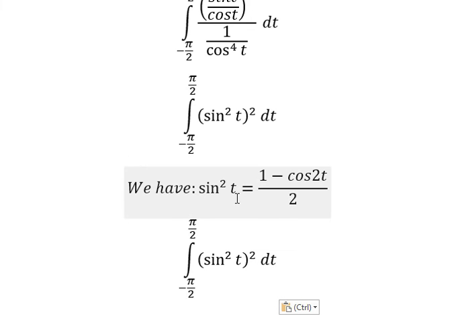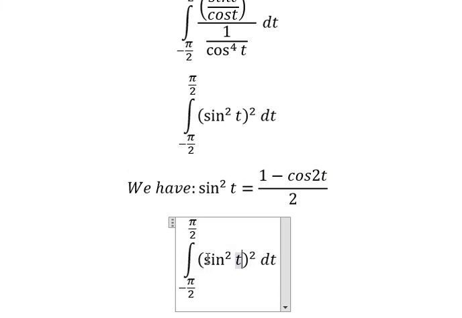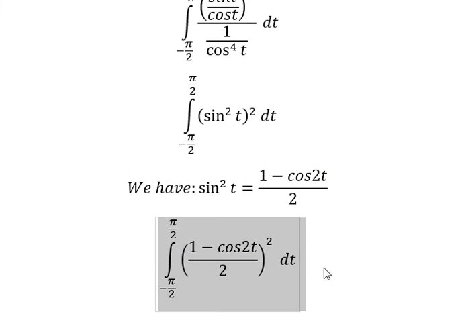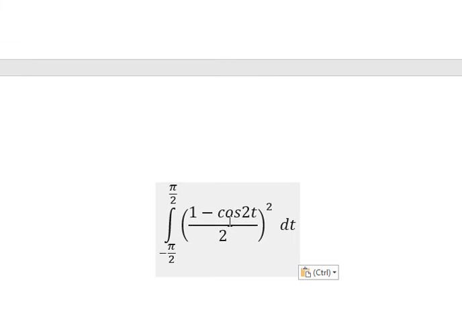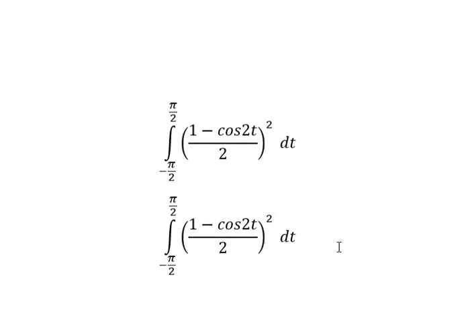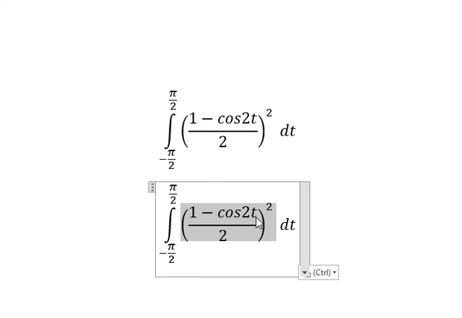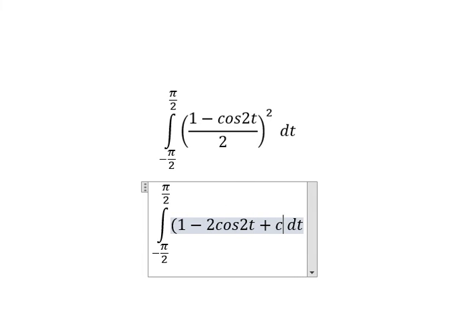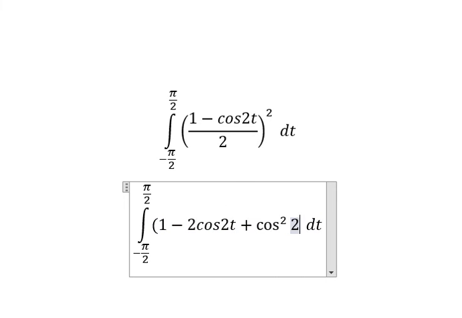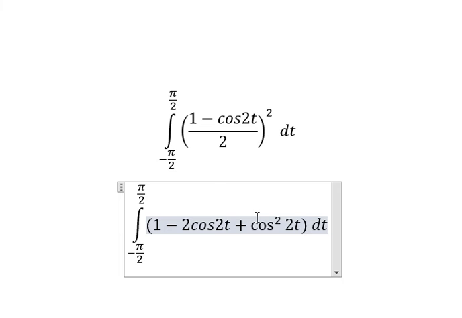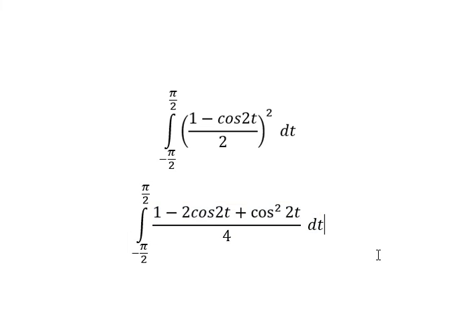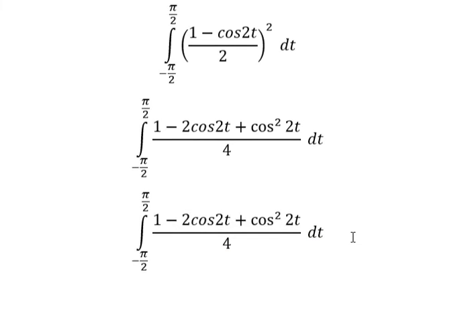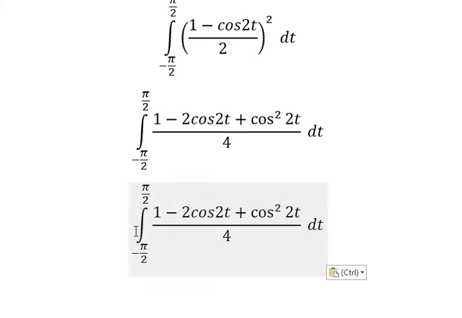So sin t squared we change for this one. This one we need to expand. And we have 1 minus 2 cosine 2t plus cosine 2t squared over 4. So I will put number 4 outside.